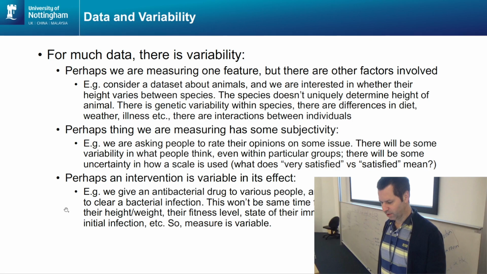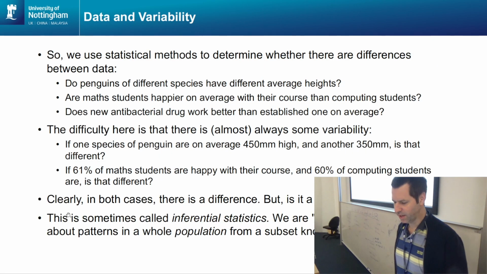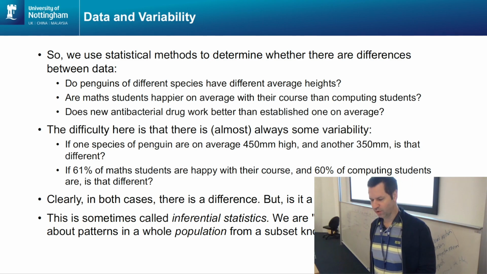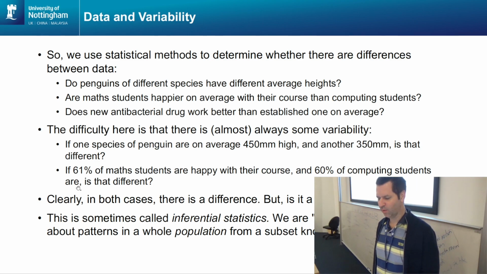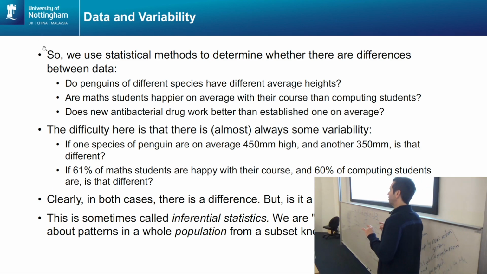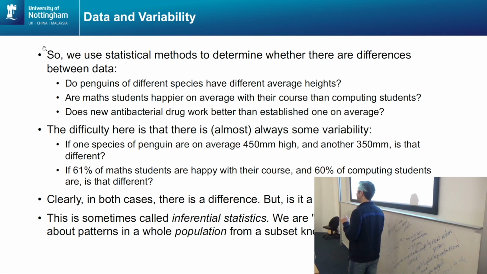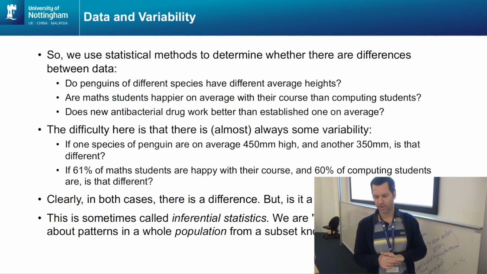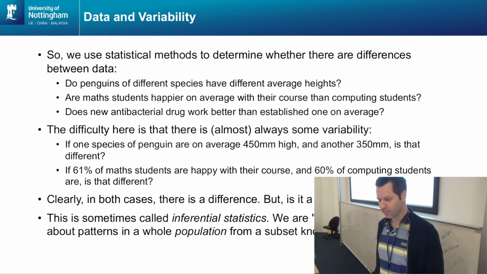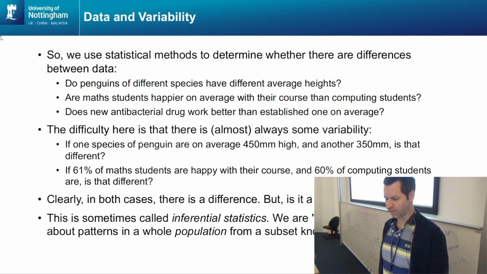So how can we do that? We could use statistical methods to see whether there are differences or how two groups or two data sets compare to each other. This is the most common thing. For example, do penguins of different species have different average heights?